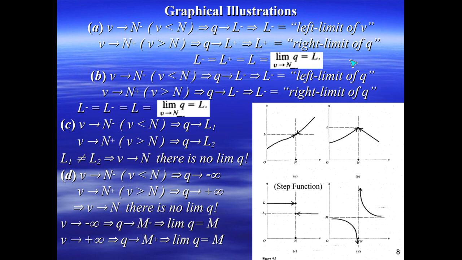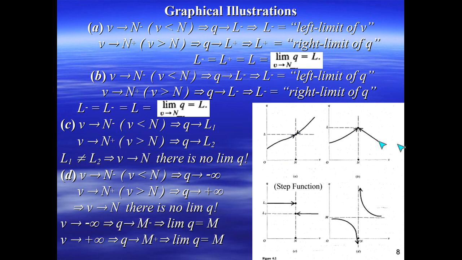L plus is the right limit of Q. Here we have L minus and the other one is L plus, but it doesn't change because both go to the same value. So L minus equals L plus equals L. That means the limit of Q when V goes to n is L.